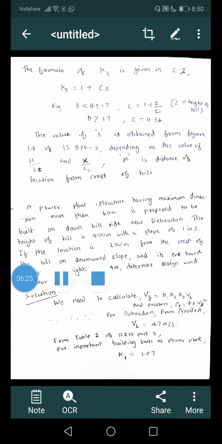In that fourth category, for wind speed 47, the value is 1.07. Once again I am telling, the Vb value is 47. So for the fourth category, that is powerhouse, K1 is 1.07.